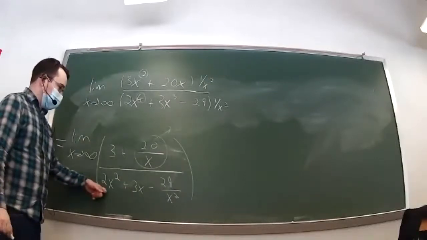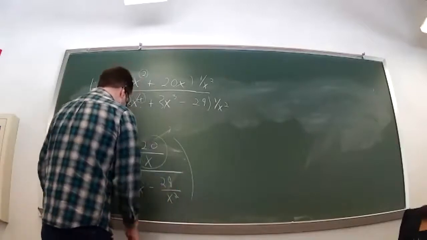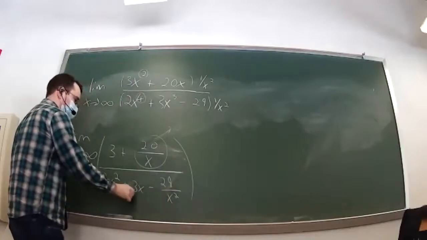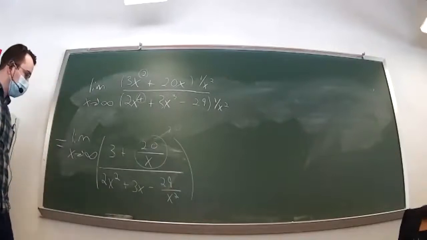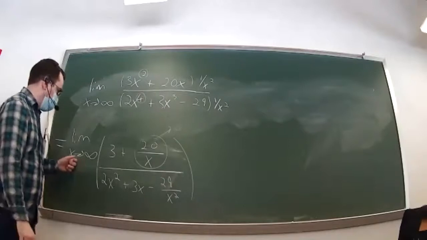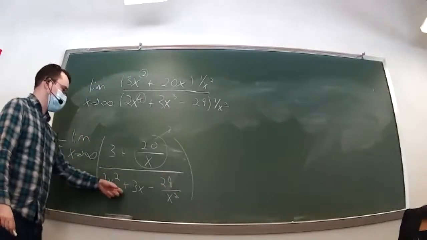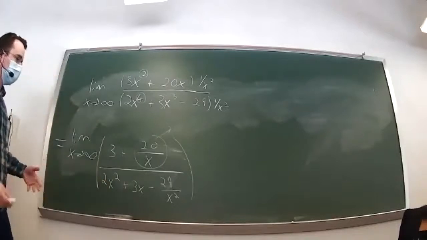And on the denominator, what's happening? Well, 29 over x squared is tending towards 0. That's true, but 2x squared plus 3x is tending towards infinity. As x is growing large without bound, 2x squared plus 3x is also growing large without bound.